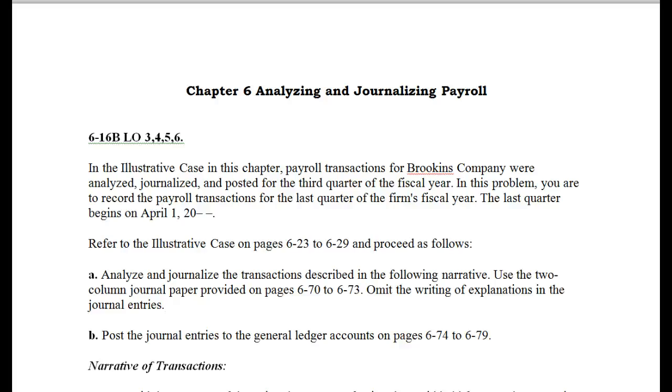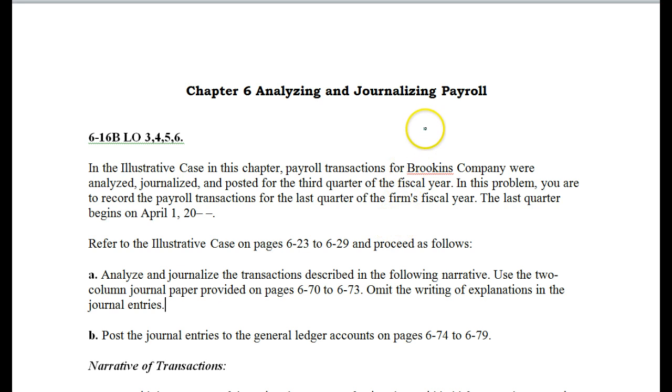We're going to do question 6-16b. And this actually is something that is started in the text. It's an example, a case, on page 623 to 629. And in the text, they've done all of the transactions for January, February, and March.